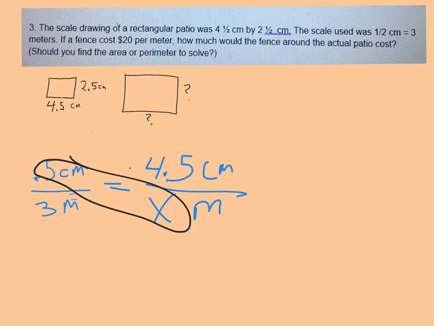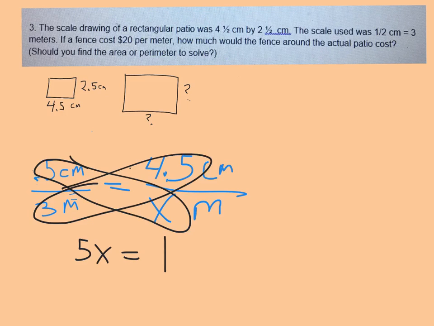So 0.5 times x is 0.5x, and that will equal whatever 3 times 4.5 is, which is 13.5. So actually this is, oops, sorry, 0.5x.